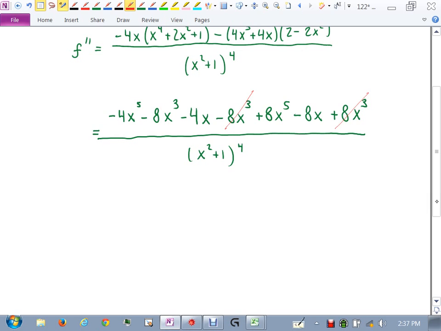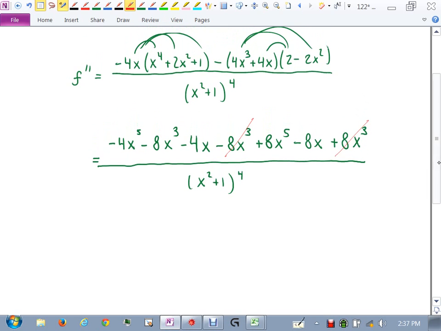Yeah, I think I took care of that already. 8x to the 3rd, subtract it, minus 8x to the 5th, add it. 8x. Man, that looks like it's right. Let me see. How many x to the 5ths do I have?